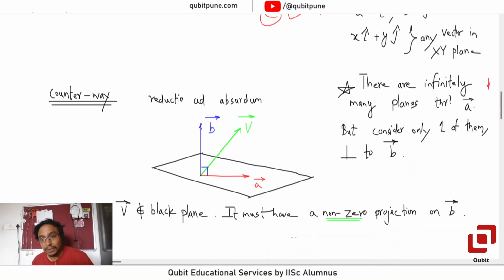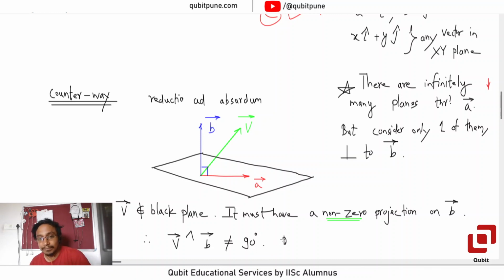Now if it has a non-zero projection on B bar, then the angle theta between V bar and B bar will not be 90 degrees. If there is a projection, it means cos theta is not zero, because magnitudes cannot be zero. So if the projection is zero, it has to be because of the angle.